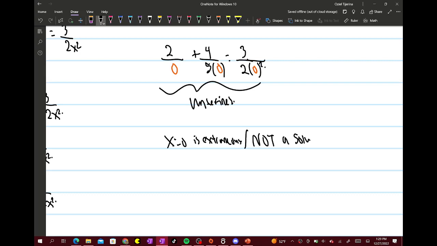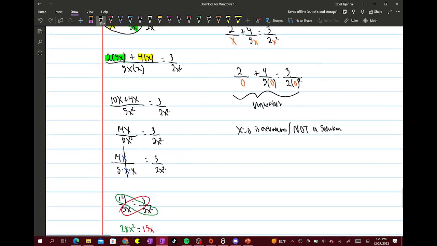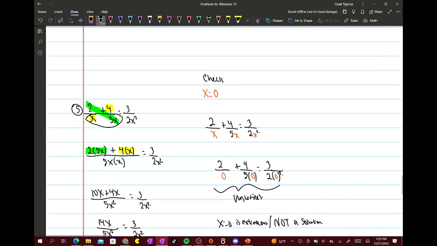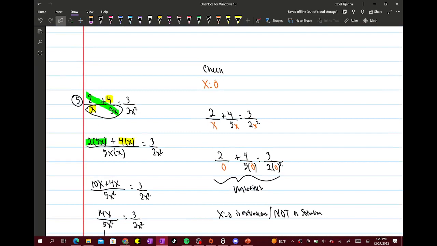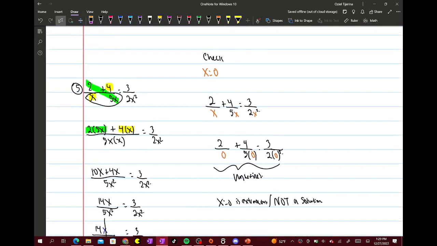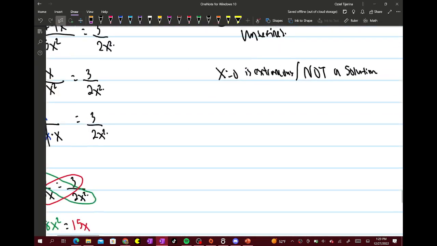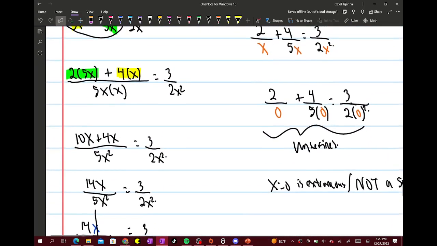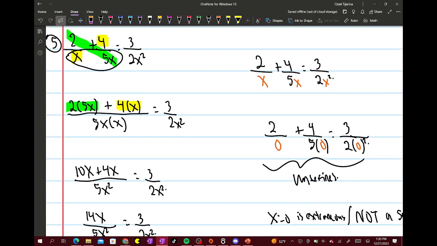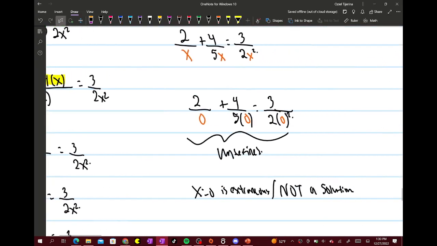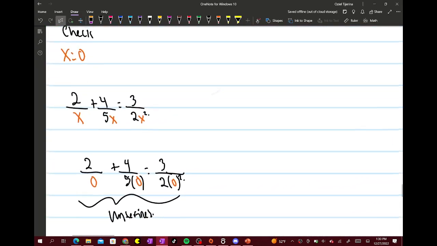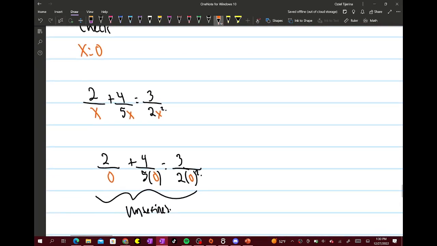Okay, so then we're going to go ahead and check 15 over 28. Now, like the other problem, we're going to have to do some complex fractions. So I'm going to go ahead and rewrite this. So now we're going to do x equals 15 over 28.